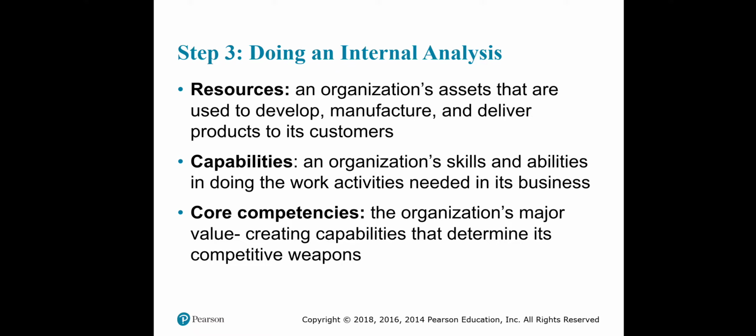On the other hand, its capabilities are its skills and abilities in doing the work activities needed in its business. That's the how it does its work. The major value-creating capabilities of the organization are known as its core competencies. Both resources and core competencies determine the organization's competitive weapons.